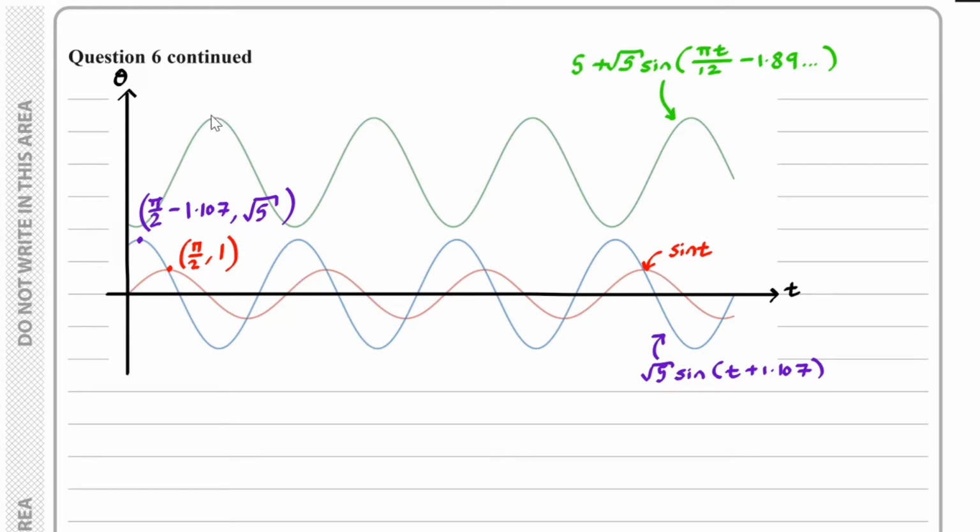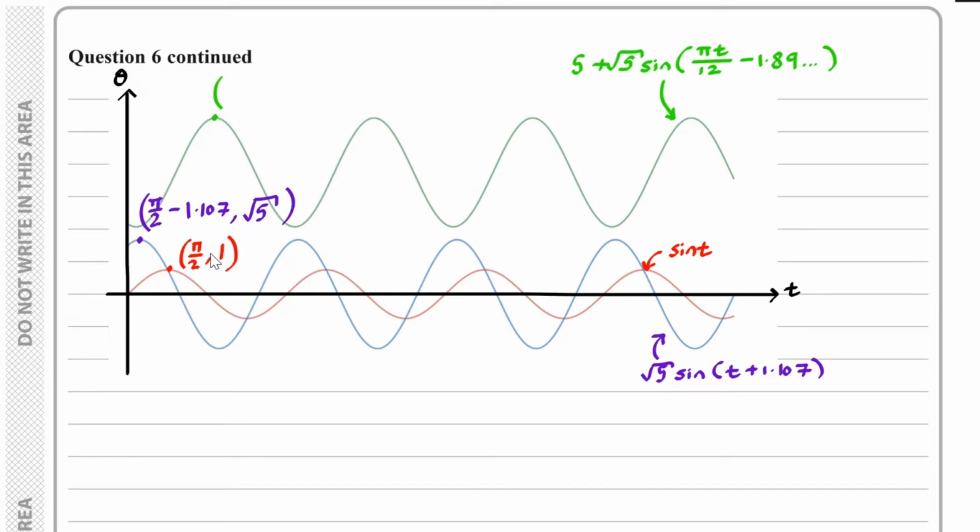So then this maximum over here will have an x coordinate of pi over 2 plus, well, we have to be a bit careful here. We have to apply this entire transformation onto pi over 2. Okay?